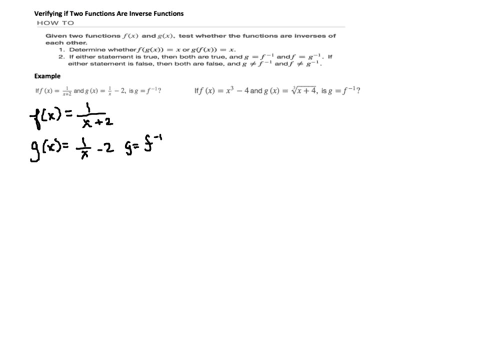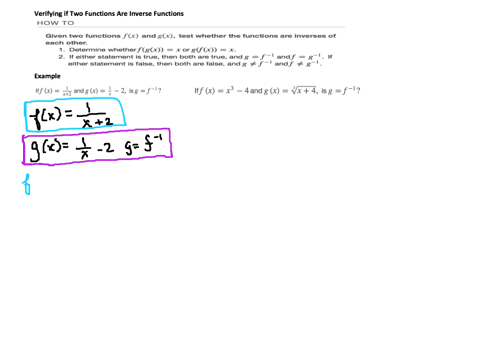Well, we have to compose both ways to figure this out. So I'm going to color code this for us. We'll use blue for f of x, and I'll use magenta for g of x.